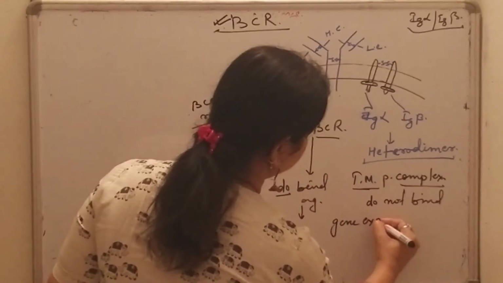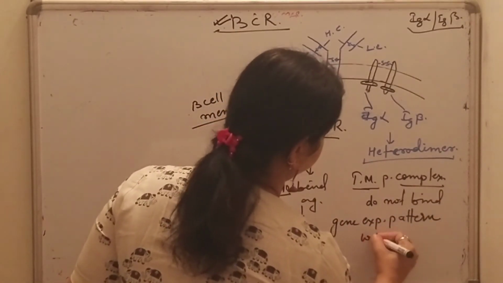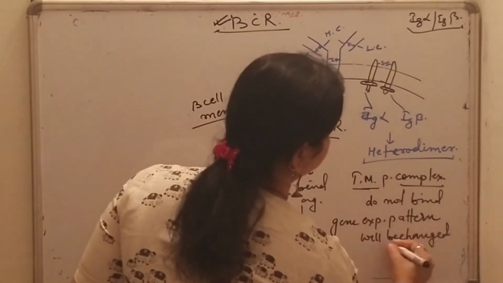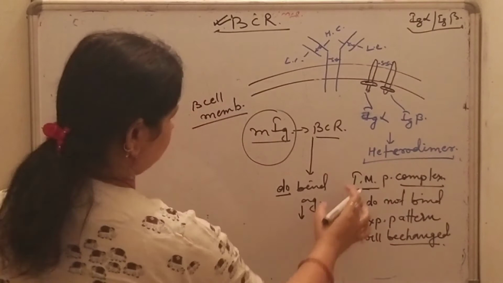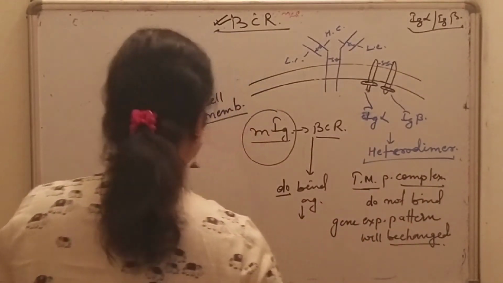Gene expression pattern will be changed due to this heterodimer transmembrane protein complex molecule Ig alpha and Ig beta.